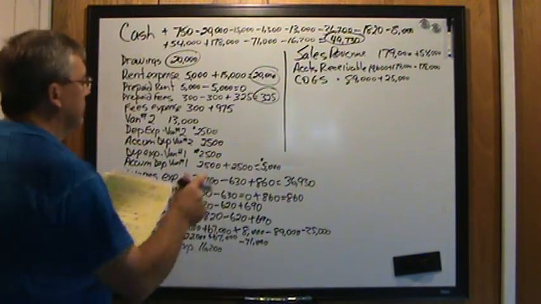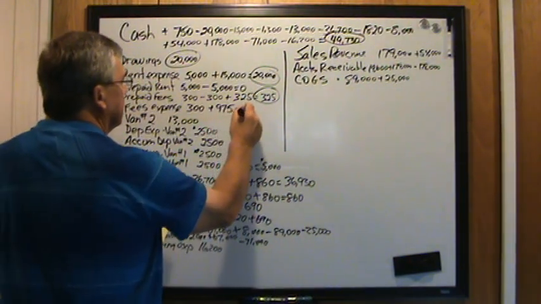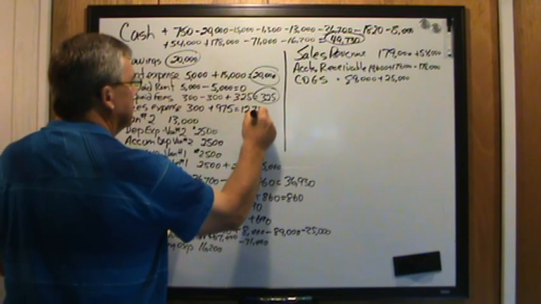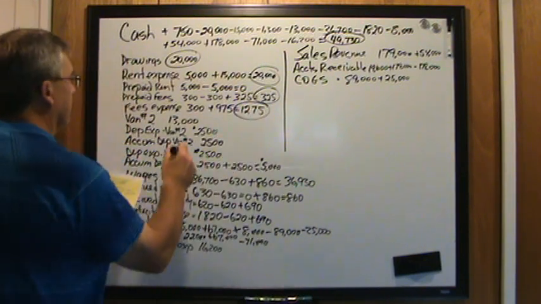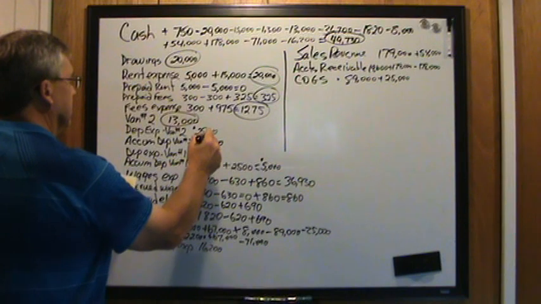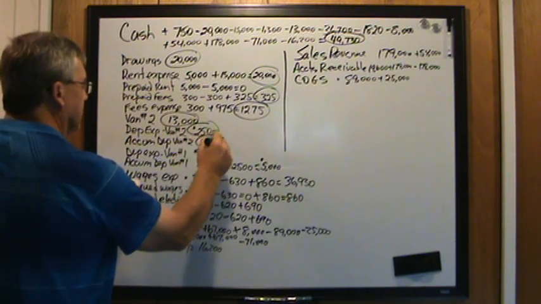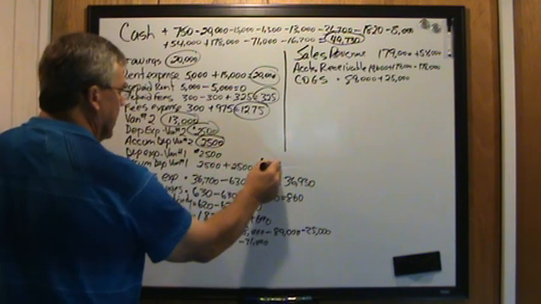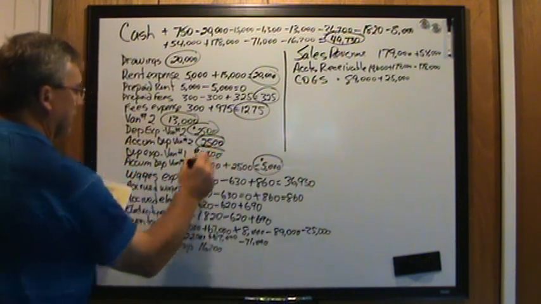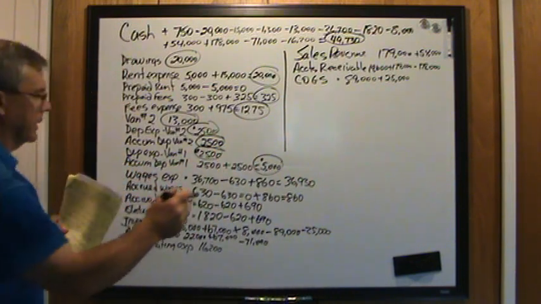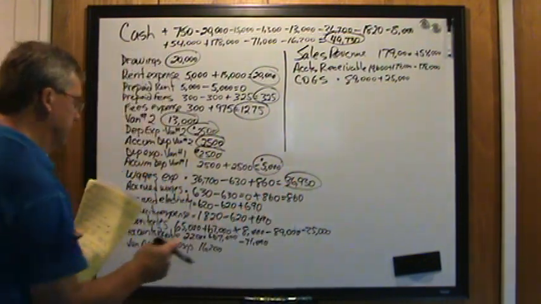Fees expense is 1275. The van, first van is there. The expenses, we're good here for accumulated depreciation. Yeah, we've balanced all of these ones already. Wage expense 36,930.